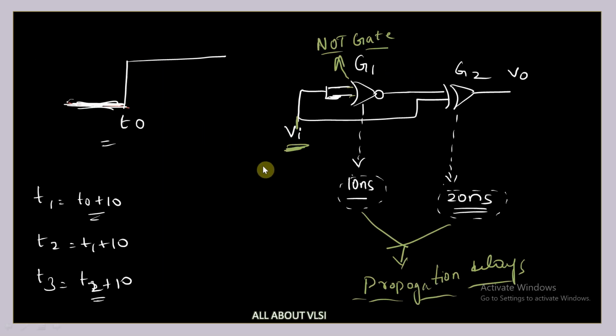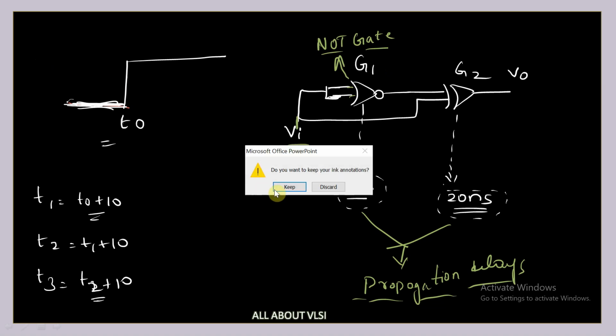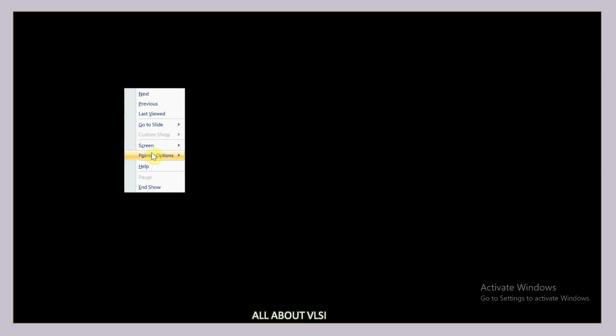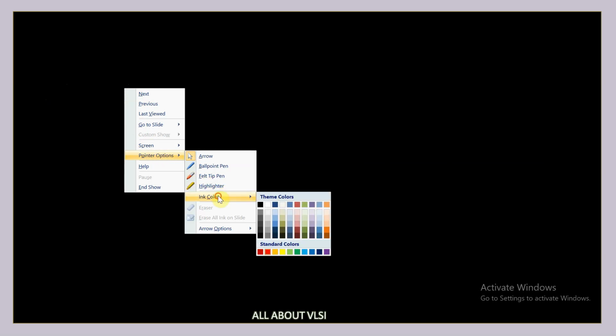Let me add one more page. First let me draw the input waveform. This is my input waveform, and this is time t equal to 0, and at time t equal to t0 there is a transition from 0 to high.